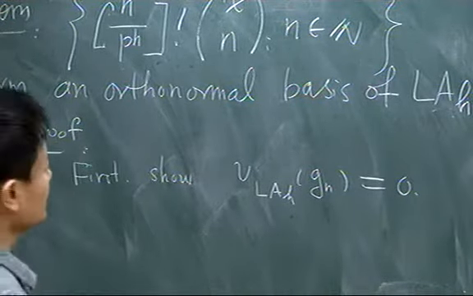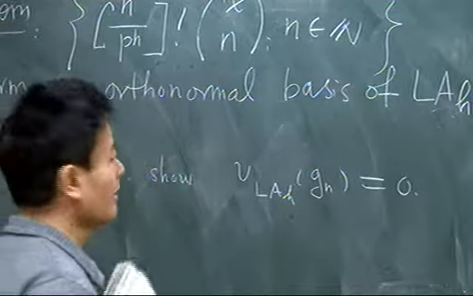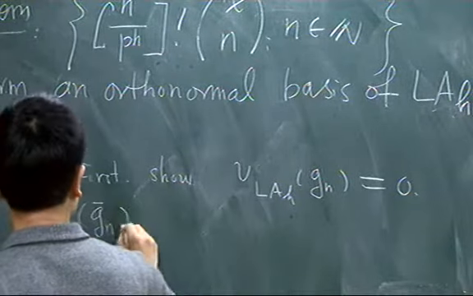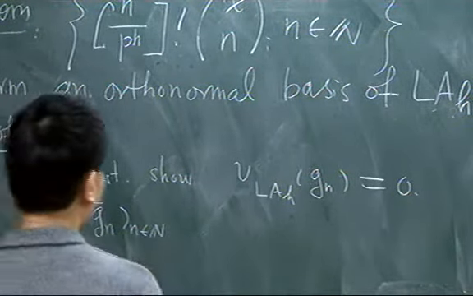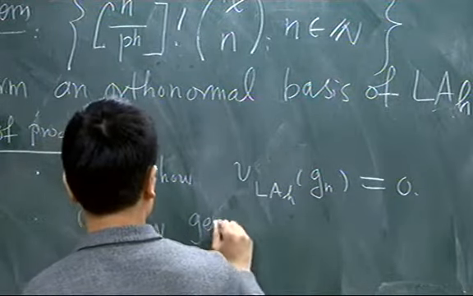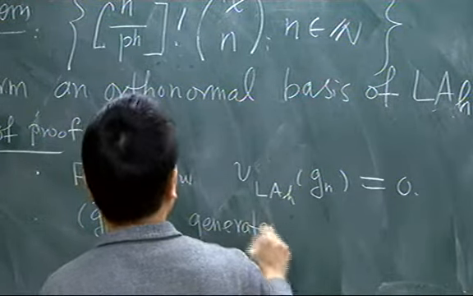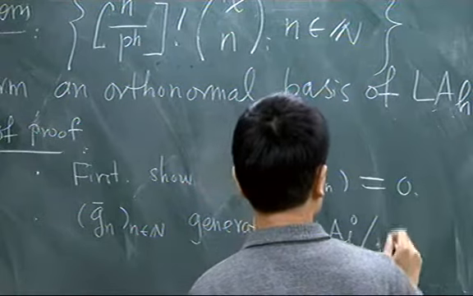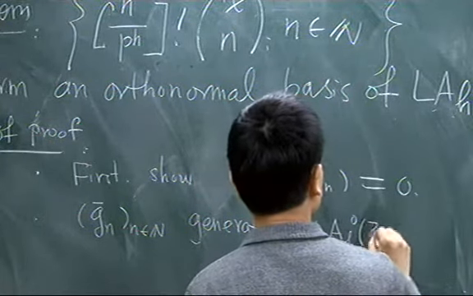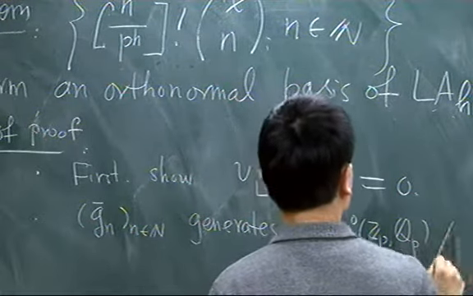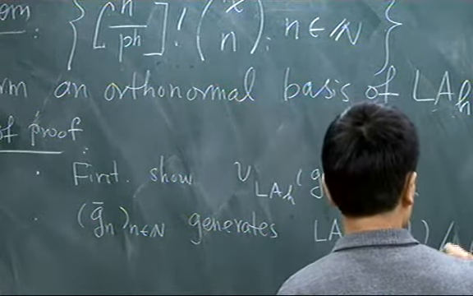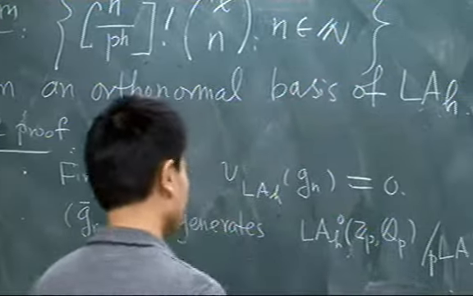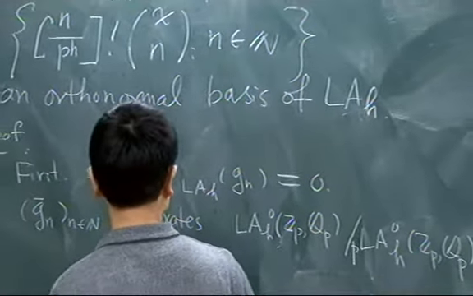The second step: you already proved this is 0, and then you need to prove that the G_n, n contained in N, generate L A h 0 over p L A h 0, which is an F_p vector space.